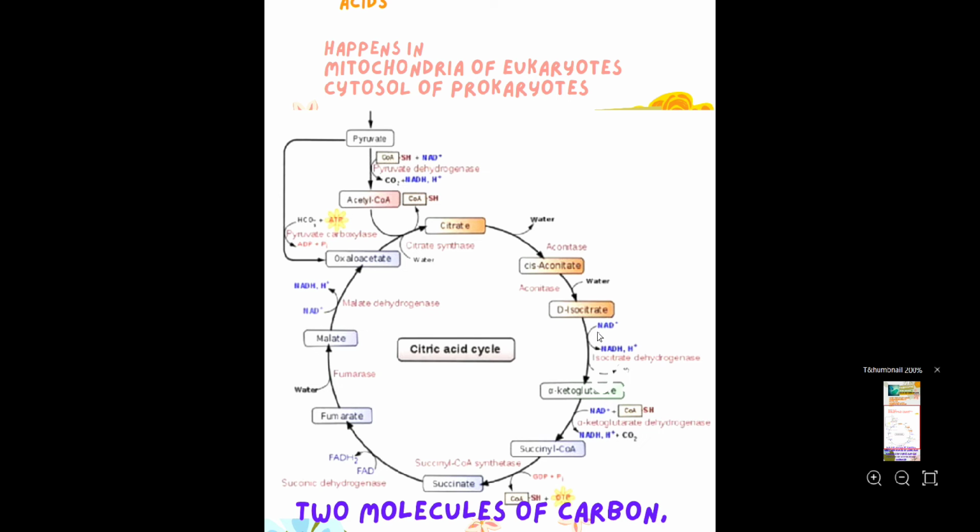Then isocitrate is oxidized to alpha-ketoglutarate by the enzyme isocitrate dehydrogenase, and a molecule of CO2 is generated here.